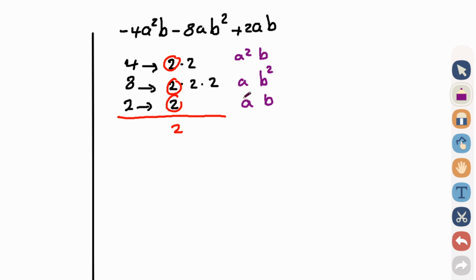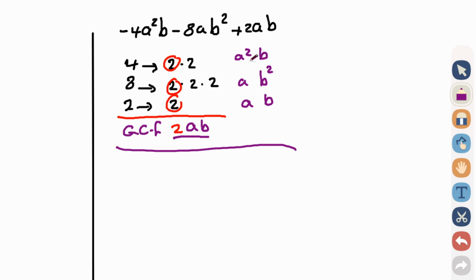So here the lowest power for a is a to the power of 1, which is a. And the lowest power for b is b to the power of 1, which is b. So the greatest common factor will be 2ab.